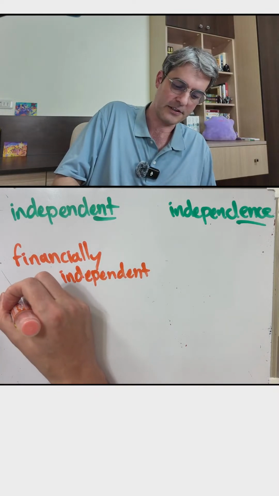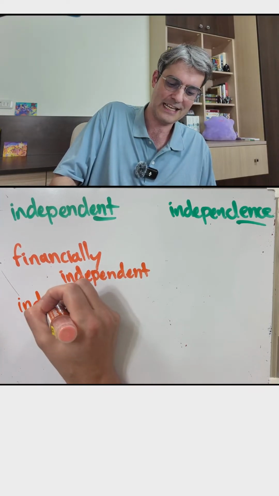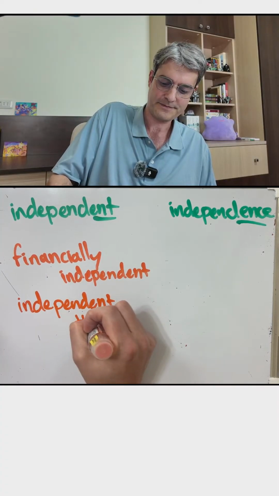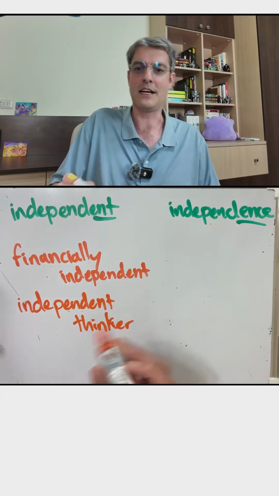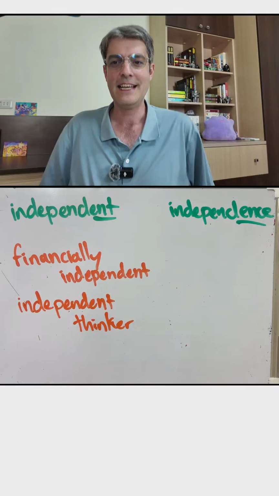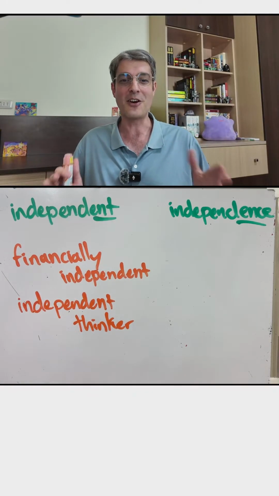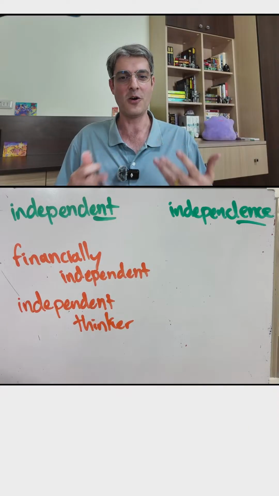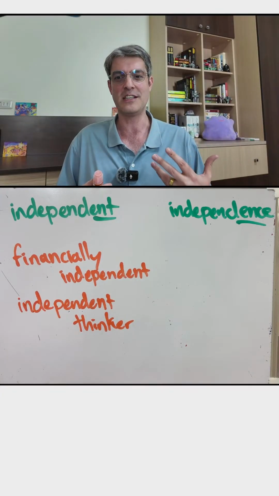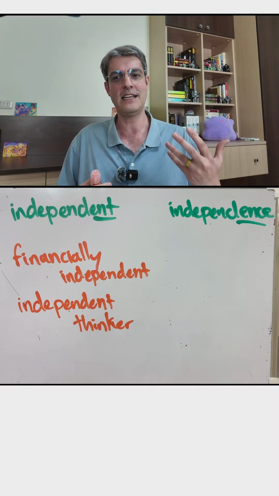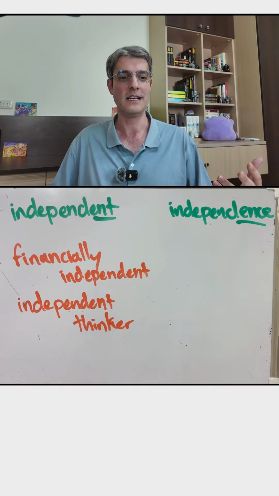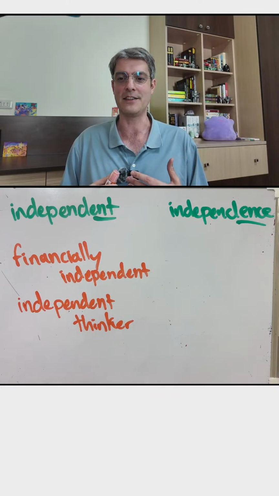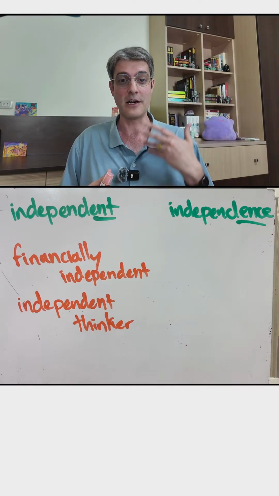And we also have a good collocation here in independent thinker. And this one comes up quite often, and this describes an individual who forms their own opinions or solutions based on their own thinking and evaluation, and rather than just taking everyone else's view or accepting peer pressure, they kind of come up with their own solutions on their own or have their own opinions.